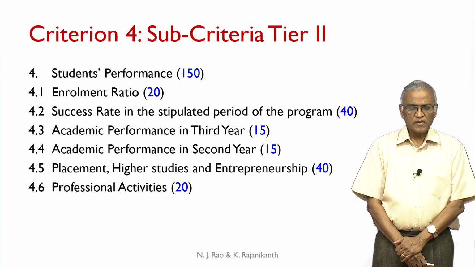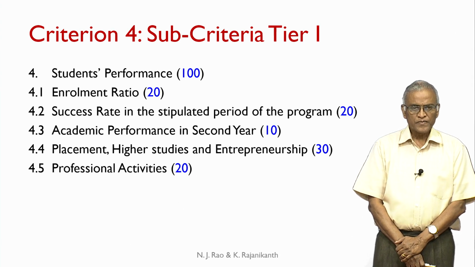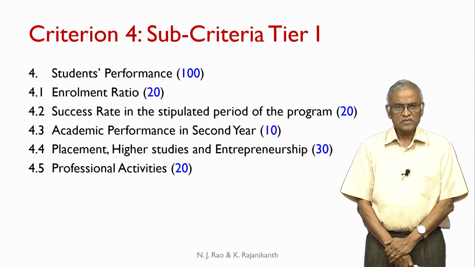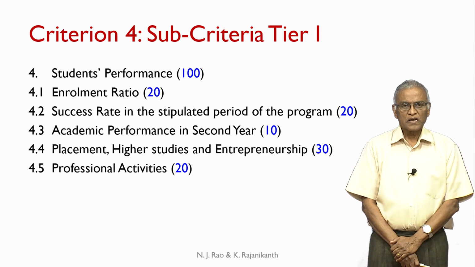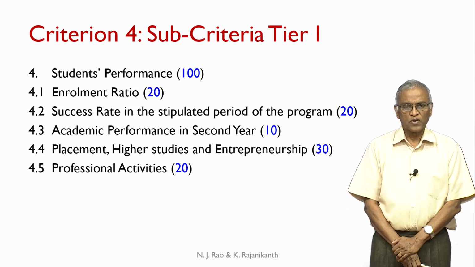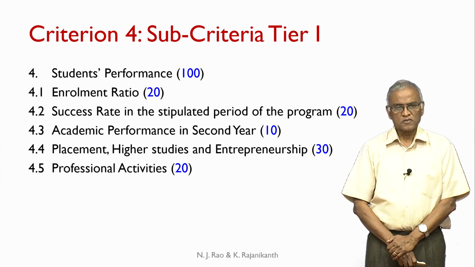In some strange way, the tier 1 sub criteria are somewhat different. We consider it is a bit of oversight, otherwise the criteria are somewhat similar, but the number of marks allocated to student performance is 100 compared to 150 in the tier 2 institutions.